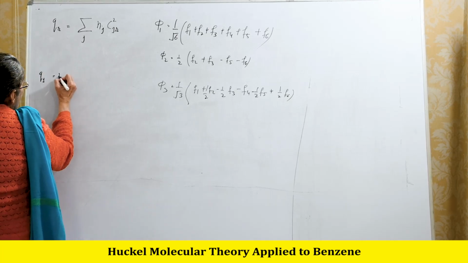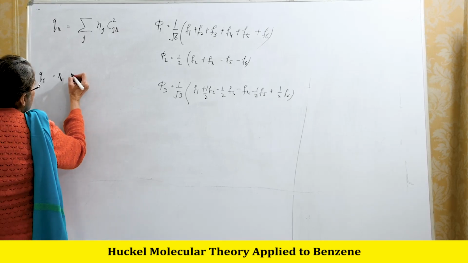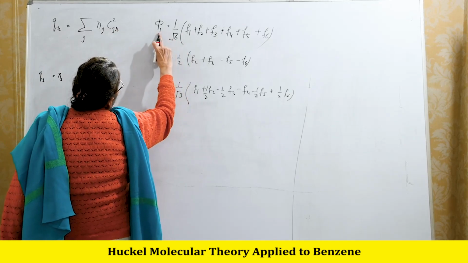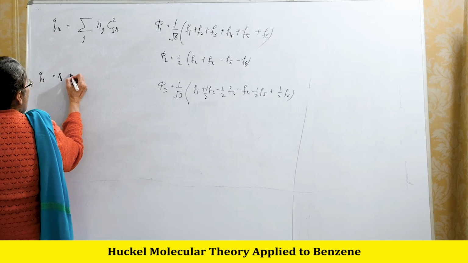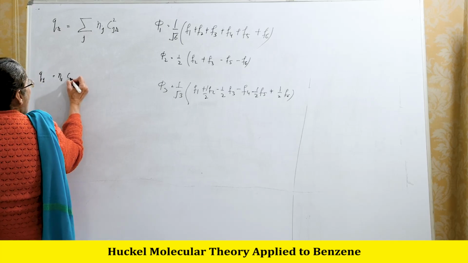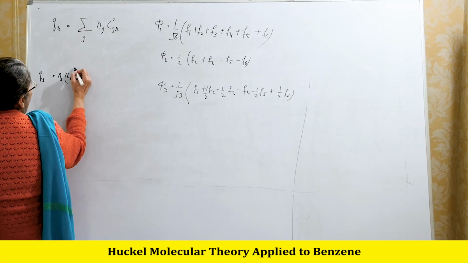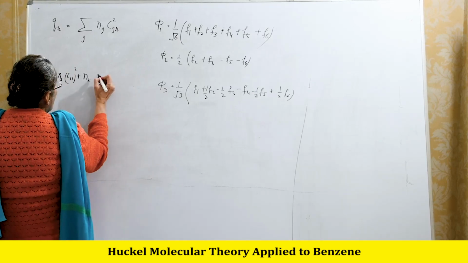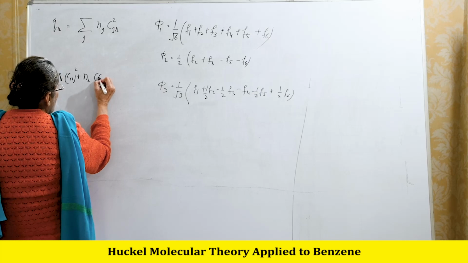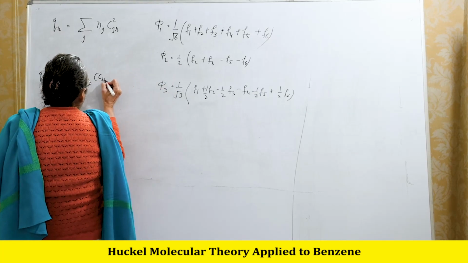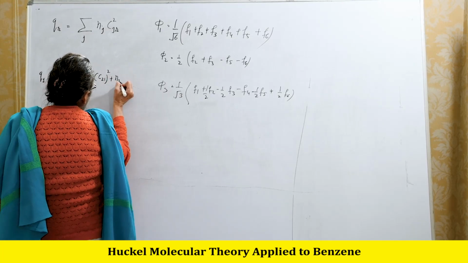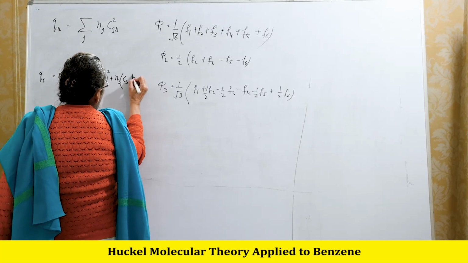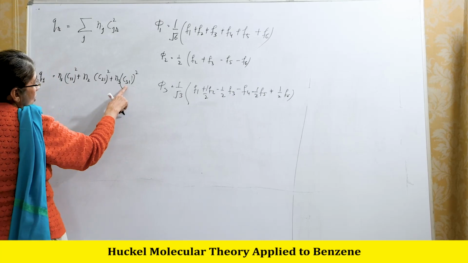So Nj, this is N1, and Cjr square, the square of the first atomic orbital coefficient in phi 1, this is C11 square, plus N2 C21 square plus N3 C31 square. Third molecular orbital, first carbon atom.